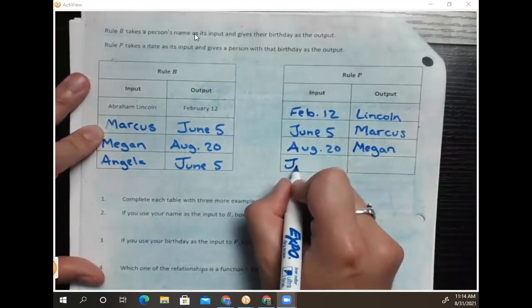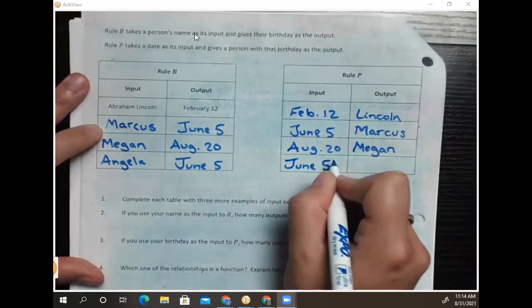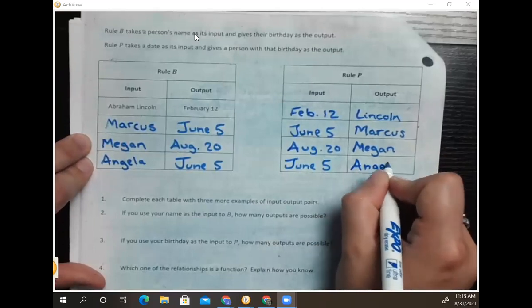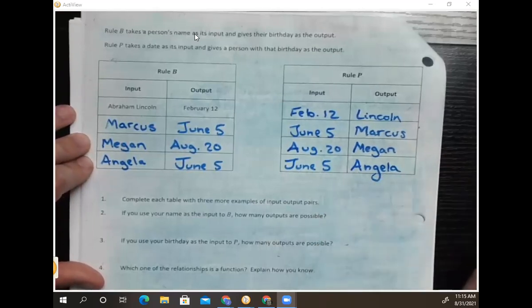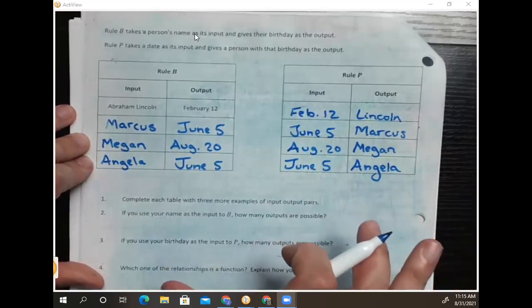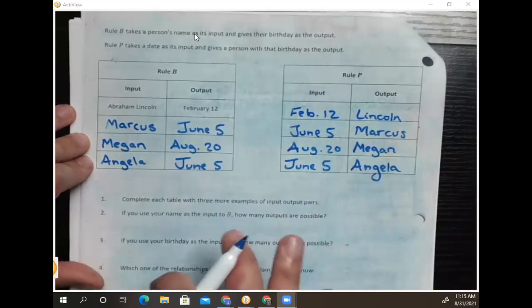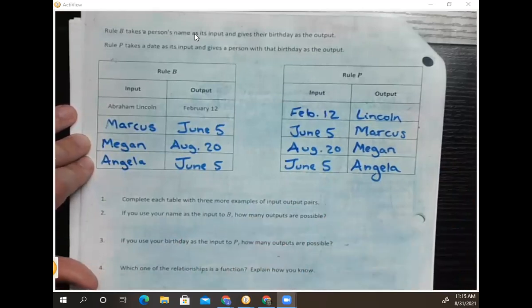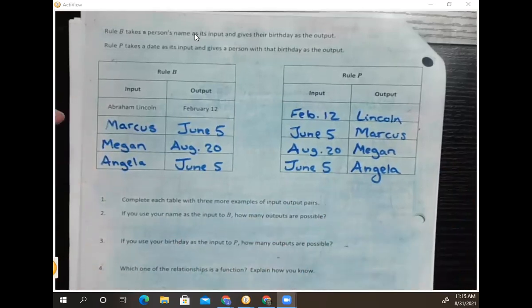If I input June 5th, my output could be Angela. So we've got some tables with some input-output pairs to refer to as we talk about if these are functions or not, and then work on that function notation a little bit more.